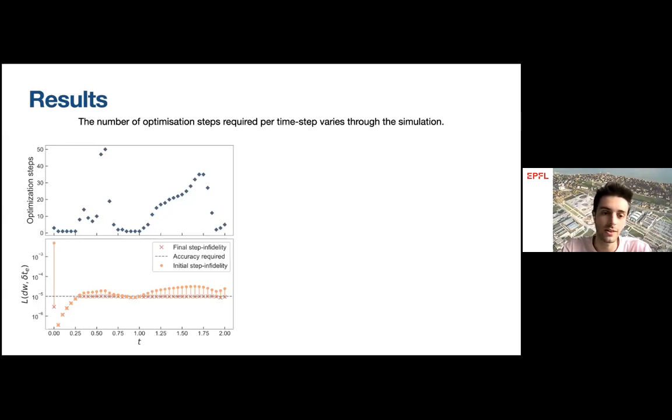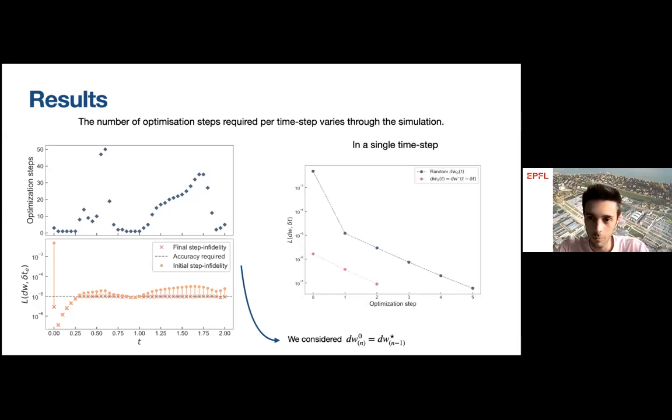As you can see, there are some time steps that do not require any optimization step. This is because we considered as an initial proposition for our shift at step n the optimal parameter shift found at step n minus 1, so at the previous time step. And this is shown to be an optimal choice.